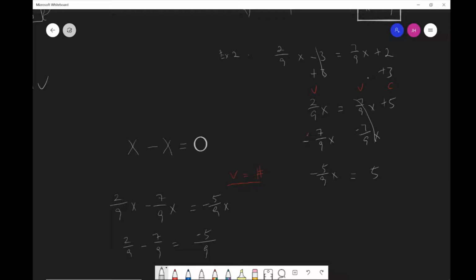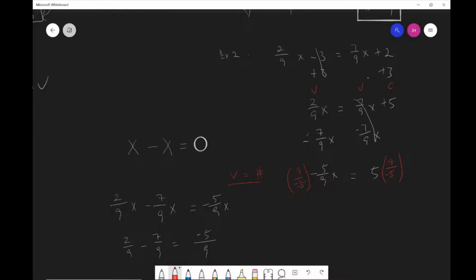Now, because my coefficient is a fraction, it is better for me to multiply the reciprocal of the coefficient, so that will become 9 over negative 5. Of course, you do it on both sides to keep the equation balanced.